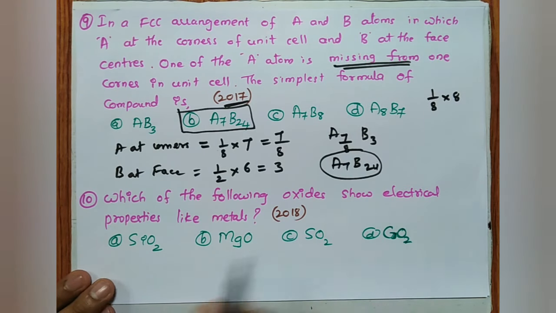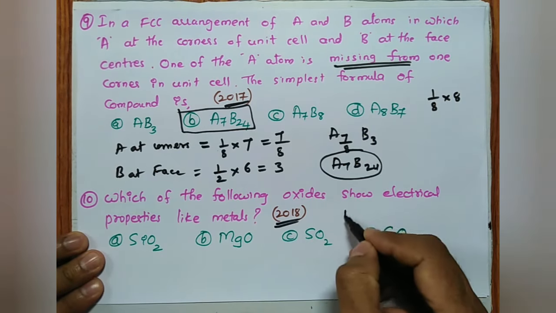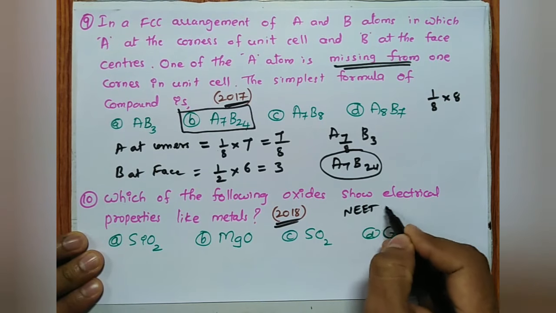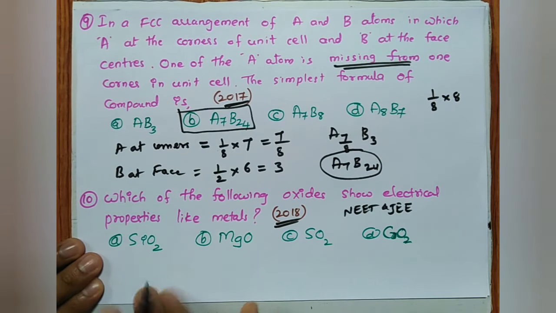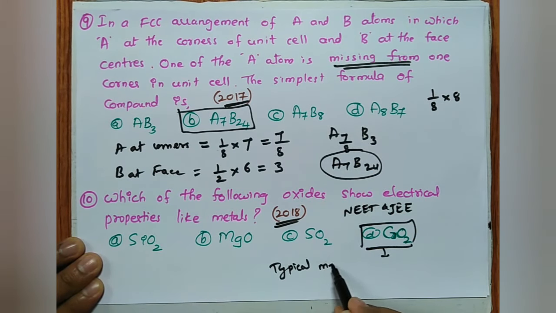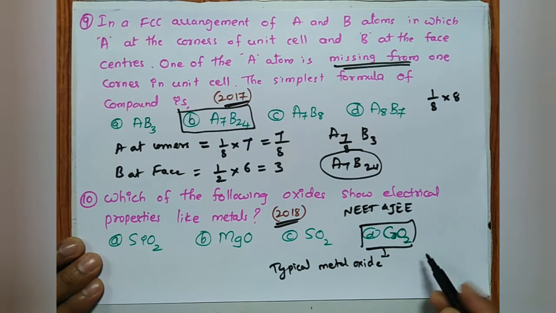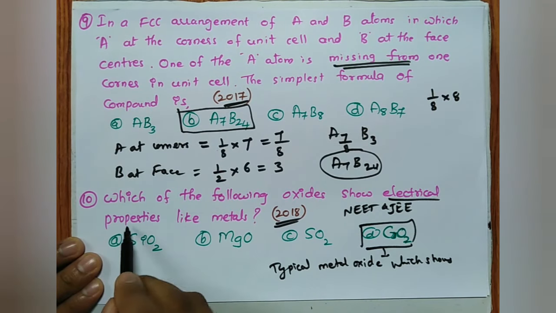Now you can see the 10th question. Which of the following oxides show electrical properties like metals? It's very important. 2018. Important for NEET and JEE also. Remember, very important point: the answer for this question is CrO2. It is the typical metallic oxide, an exception, which shows electrical properties like metal.